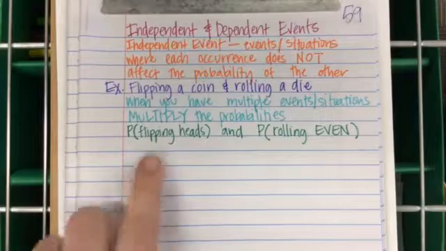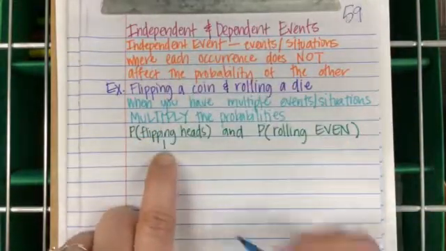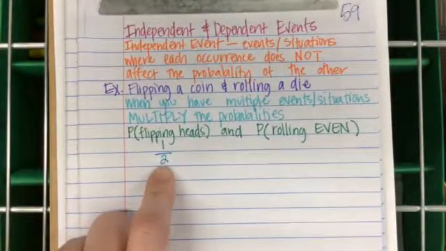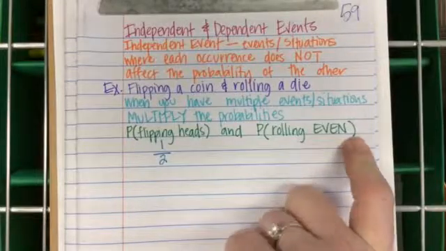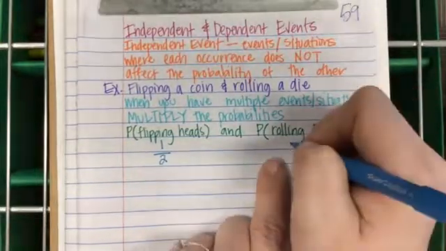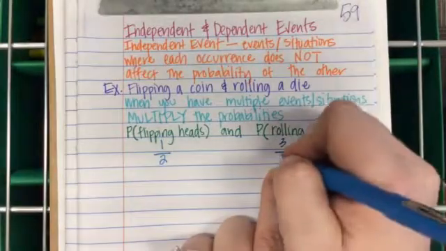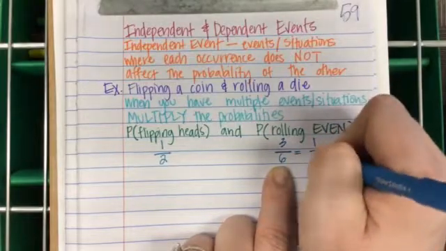What's the probability of flipping a heads? 1, because there's one head out of 2 total chances, right? And what's the probability of rolling an even? How many evens are there? 3 out of how many total numbers? 6, which is 1/2.